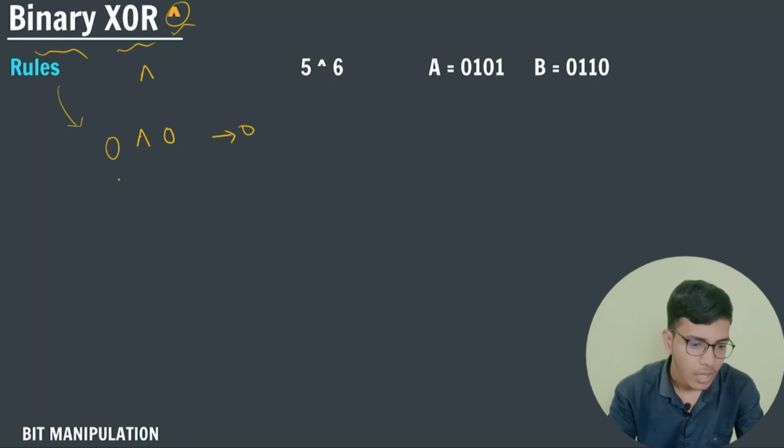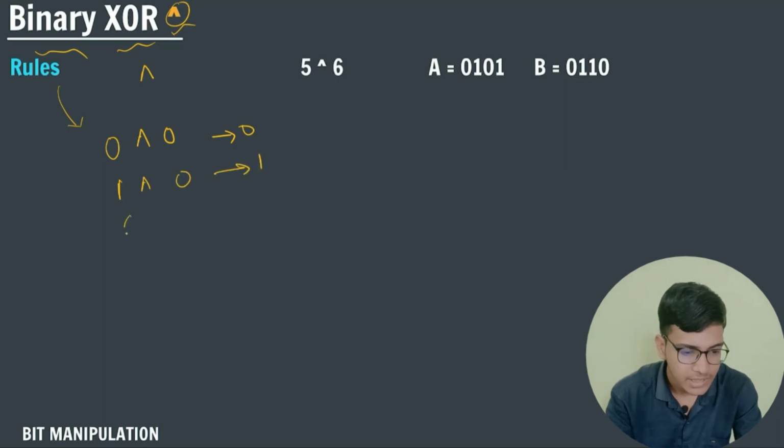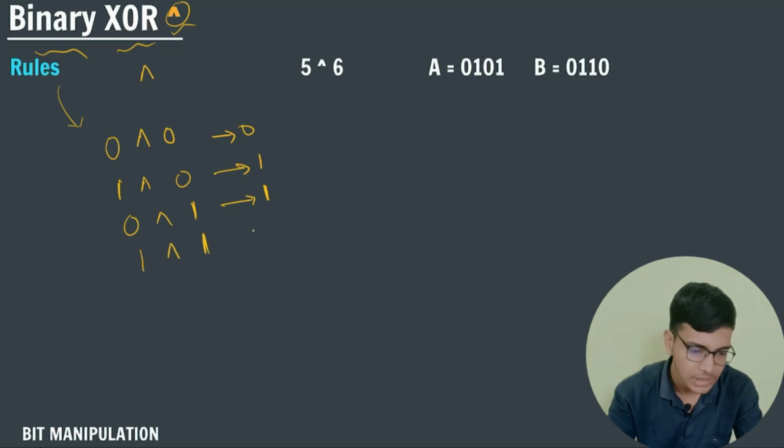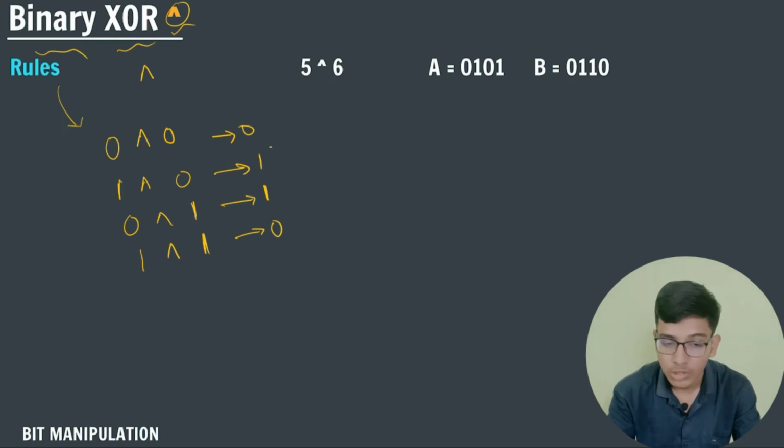If the first number is 1 and the second is 0, this will give me 1. If the first number is 0 and the second is 1, the output will be 1. If both numbers are 1, then the output will be 0. These are the rules for this operator.